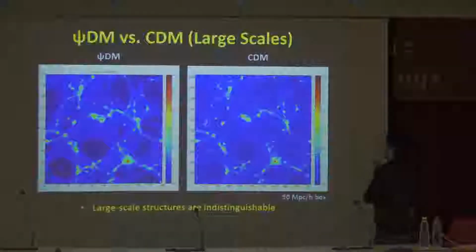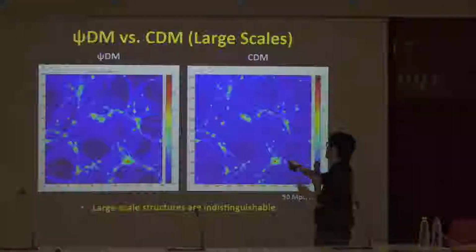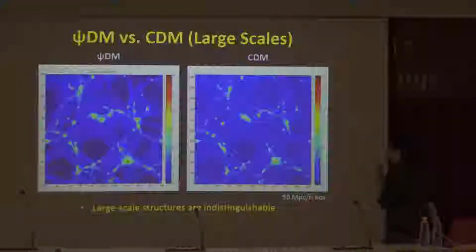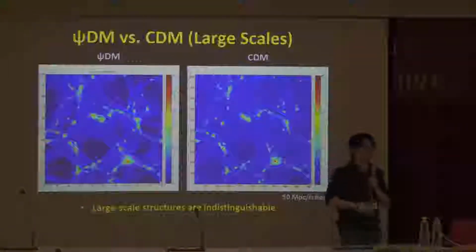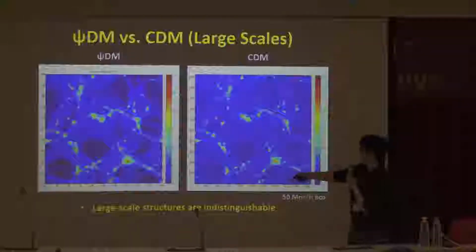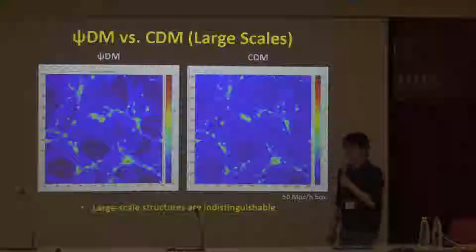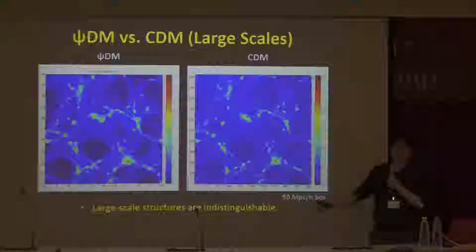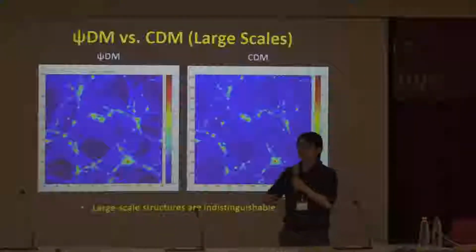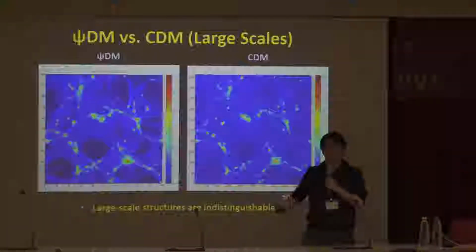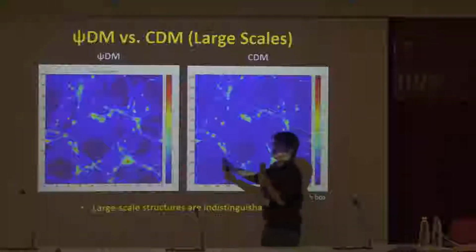This figure compares the large-scale structures predicted by the CDM model and the wave dark matter model. You see that the large-scale structures predicted by these two models are almost indistinguishable. The positions of both halos and filaments are all very similar. This result is actually expected and desirable, because on scales much larger than the de Broglie scale I just mentioned, the evolution should be dominated by gravity in both cases, so you should not be able to distinguish these two models.